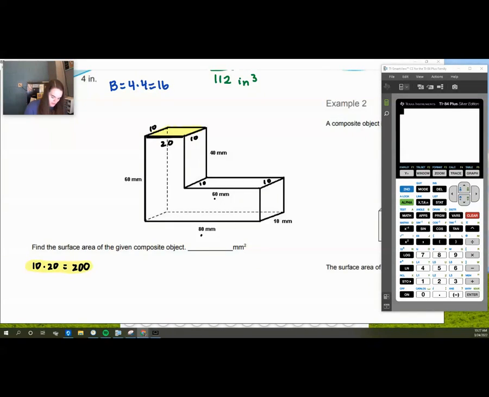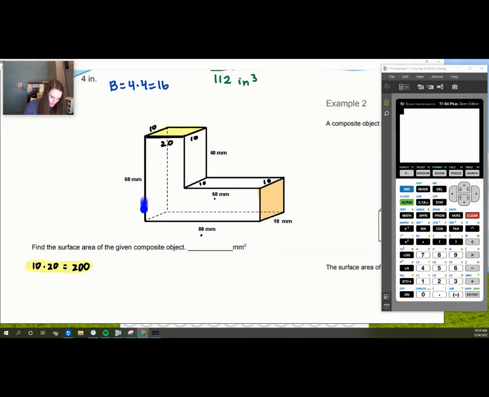Let's talk about this section here. Okay, so we have 10 by, we don't know what this length is right now, so we should probably find it. Okay, here's how we find it.